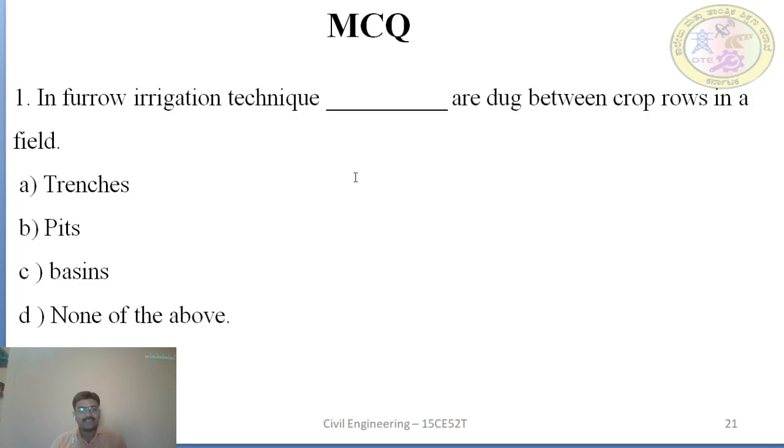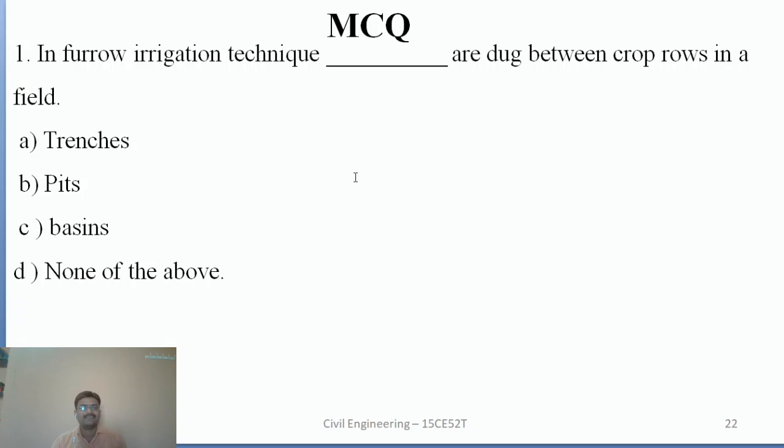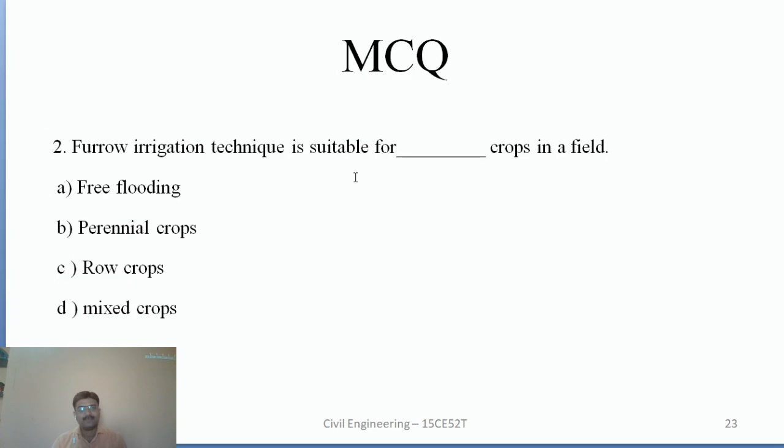In this technique, trenches are dug between the rows in the irrigation field. So the solution is A.